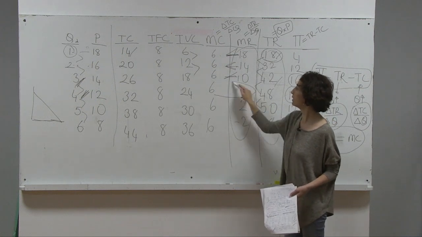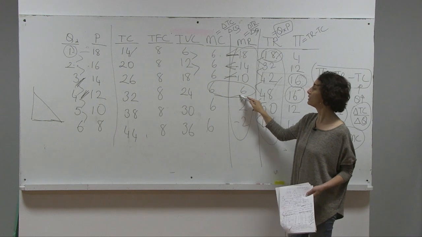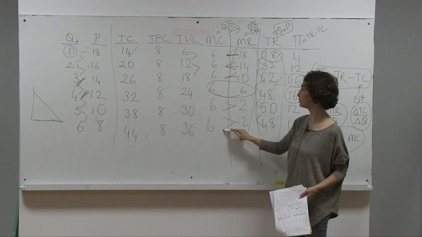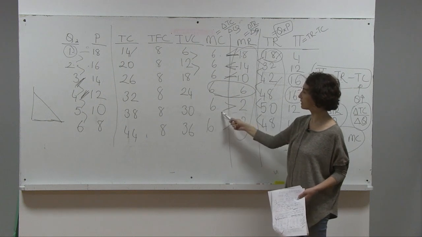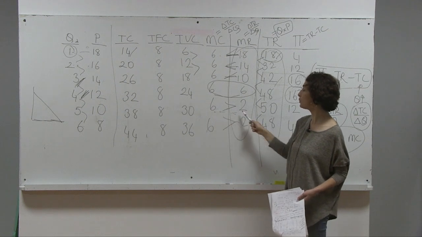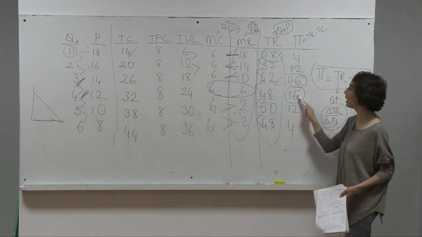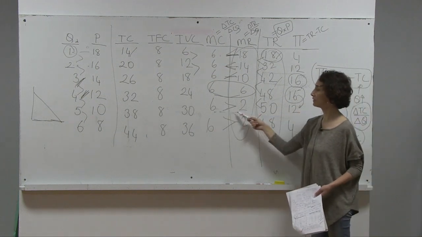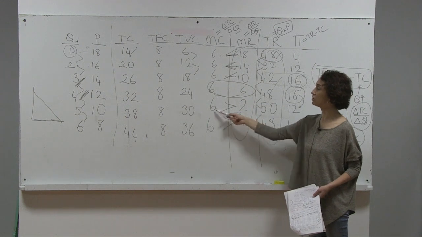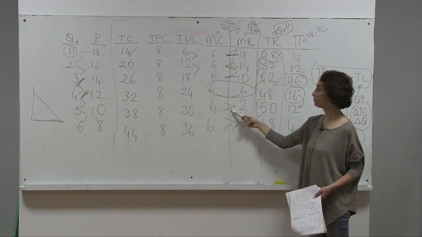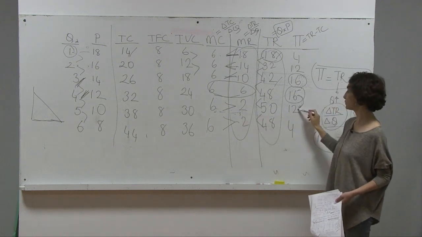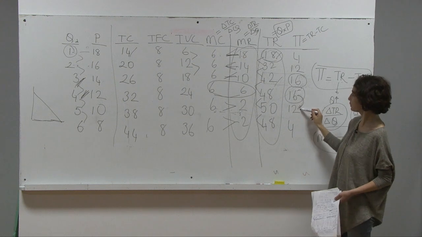Here, I stop, right? After this, I don't want to produce this because if I'm producing this unit, the marginal cost of this unit is more than marginal revenue. My profit would decline by this difference. Look at the difference. Marginal cost is 4 points higher than marginal revenue. So profit will be declining, which we see here.